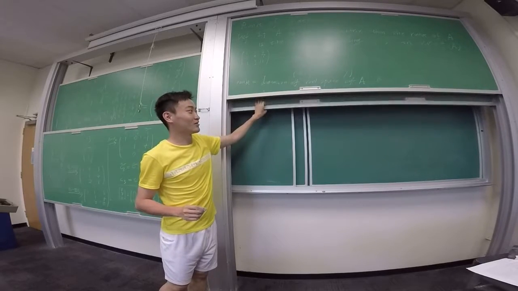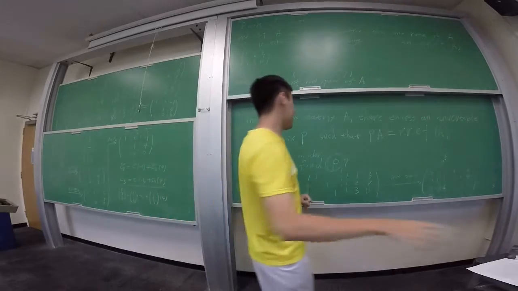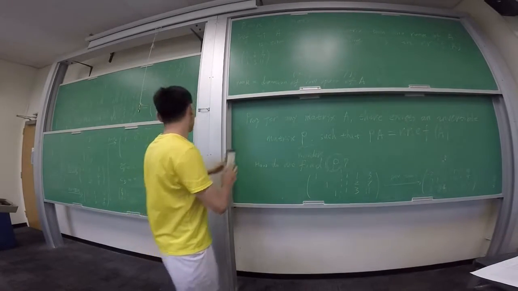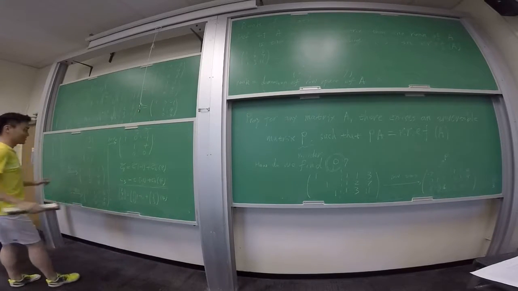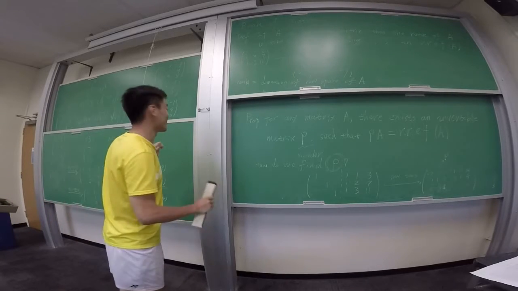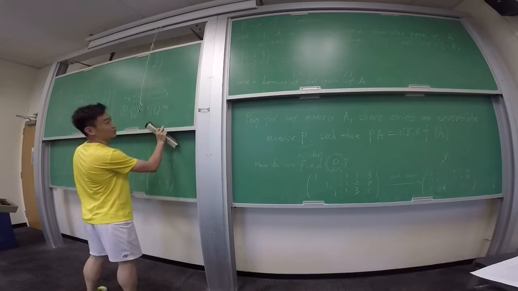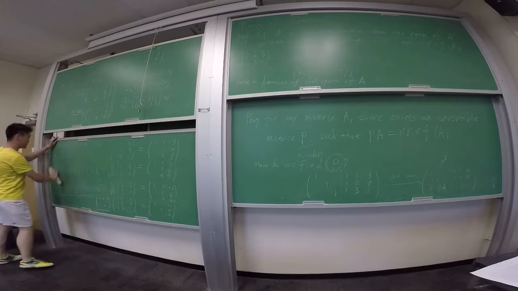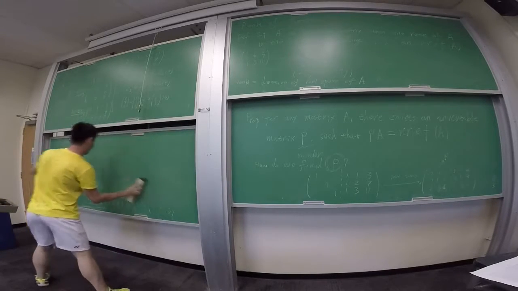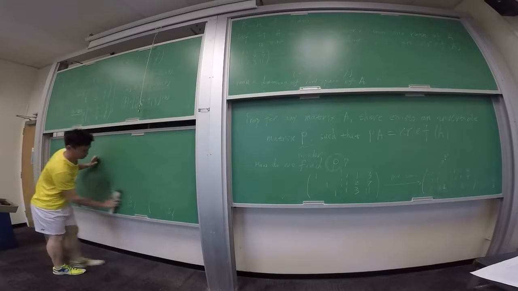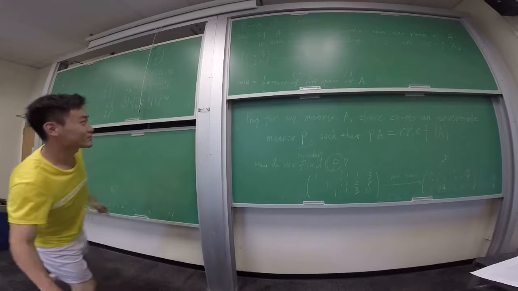And actually, the most interesting thing about this rank is that, okay, I'll erase this part. The most interesting thing is that the rank is also the dimension of the columns of A. But it's not clear from the definition, right?